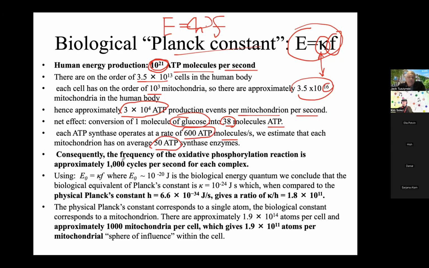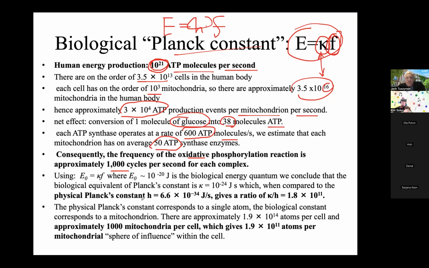And the rate of the oxidative phosphorylation reaction per enzyme is about 1,000 cycles. So the characteristic frequency is 1 kilohertz, 1,000 cycles per second, or a millisecond is the characteristic turnover time.